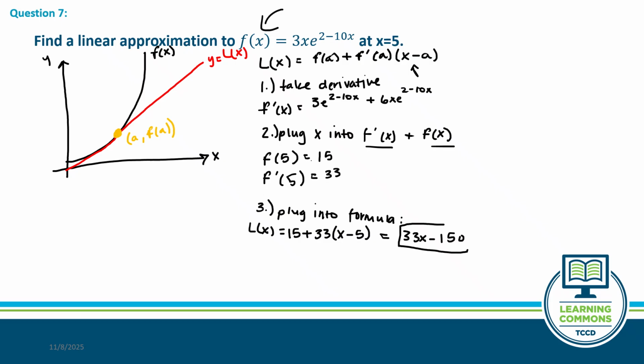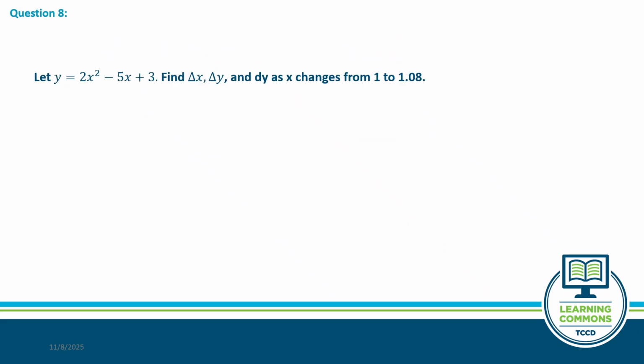And that is the linear approximation at x equals 5. Okay. Now, I saw a question like this on the exam. I don't really understand how it all works.